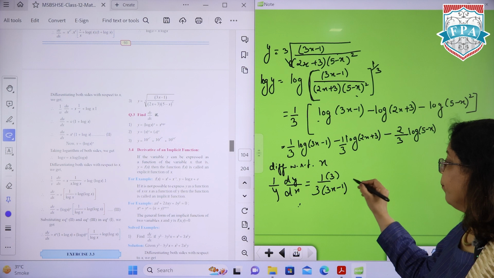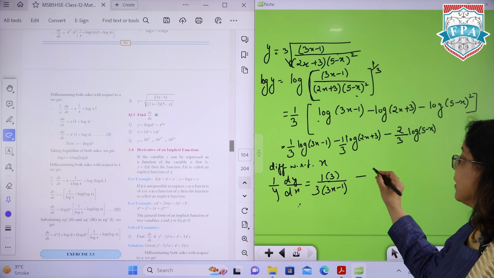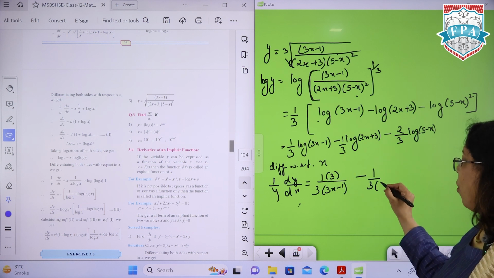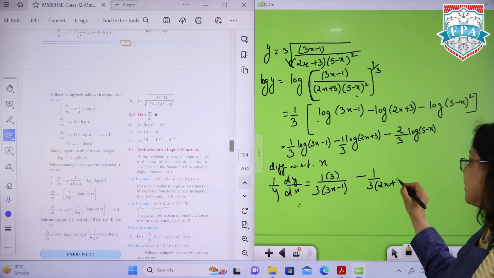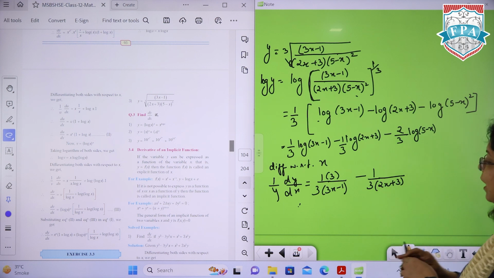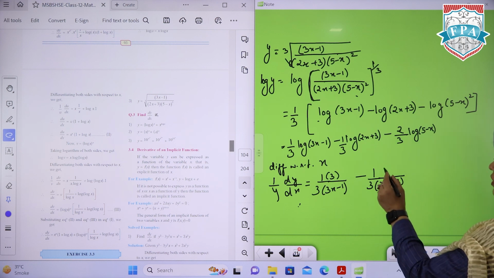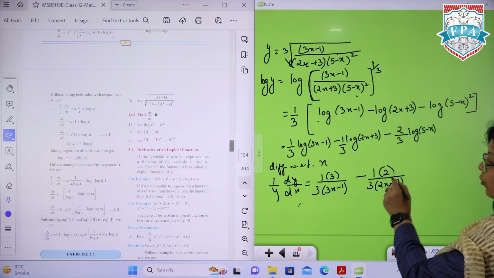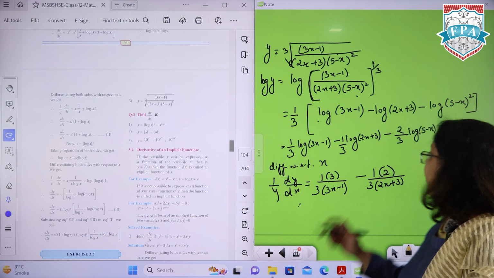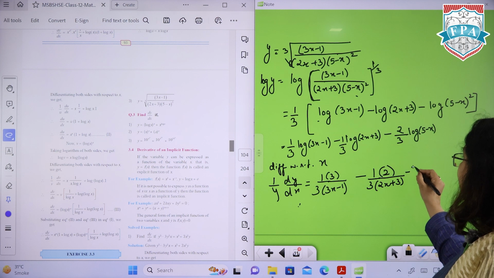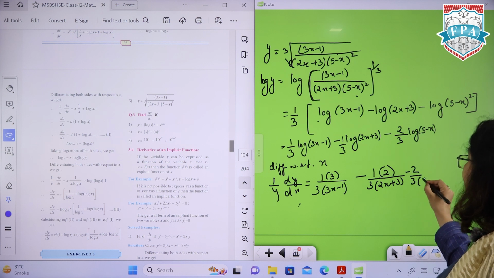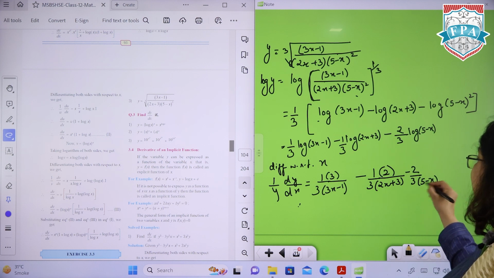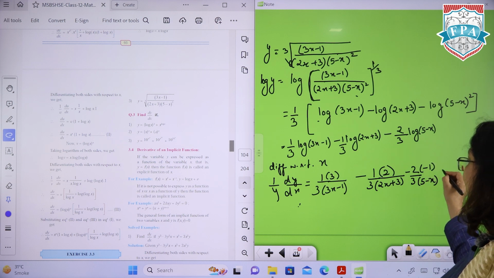3 will come here, minus 1 upon 3 log, with this will come 2x plus 3. Then what is the differentiation of 2x plus 3? Simply 2, it will come here. And the last one is 2 by 3 log (5 minus x), and differentiation of 5 minus x is minus 1.